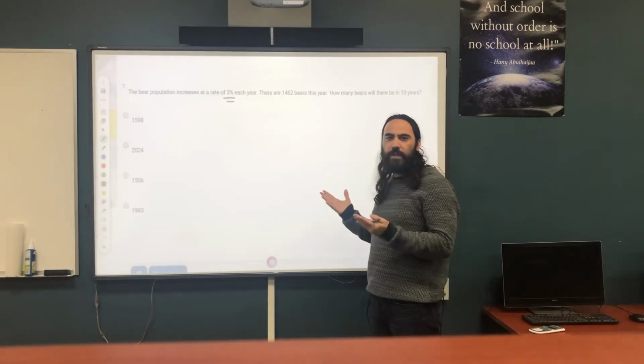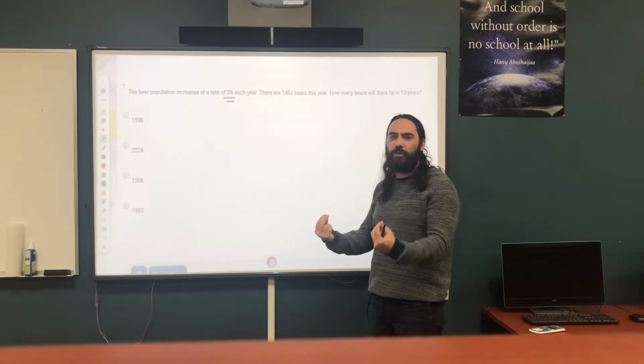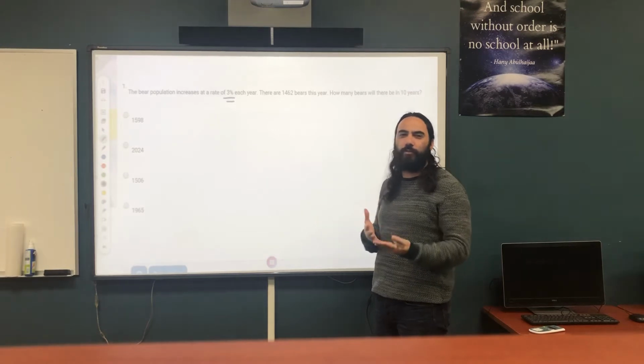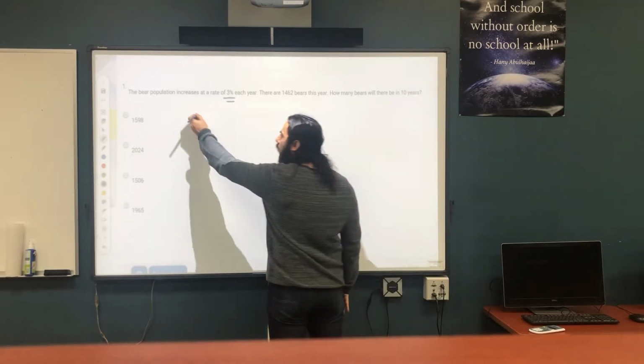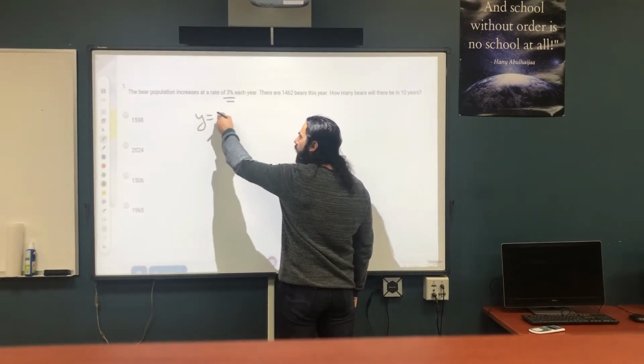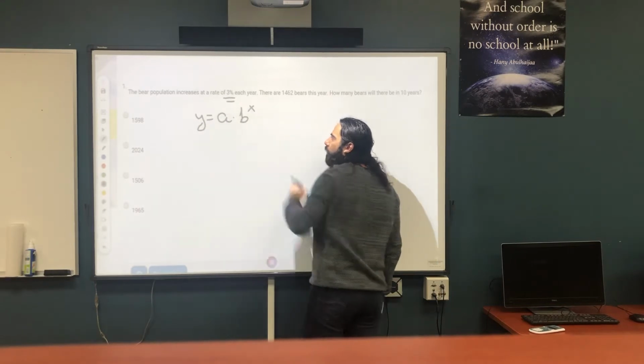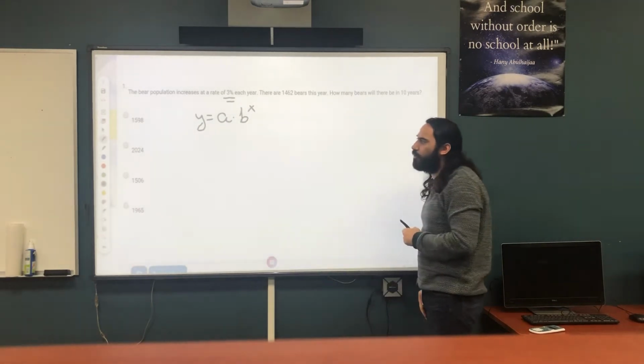So in this case, we need to use the exponential equation or exponential formula, whatever you like. It's y equals a times b to the power of x. This is the exponential formula.